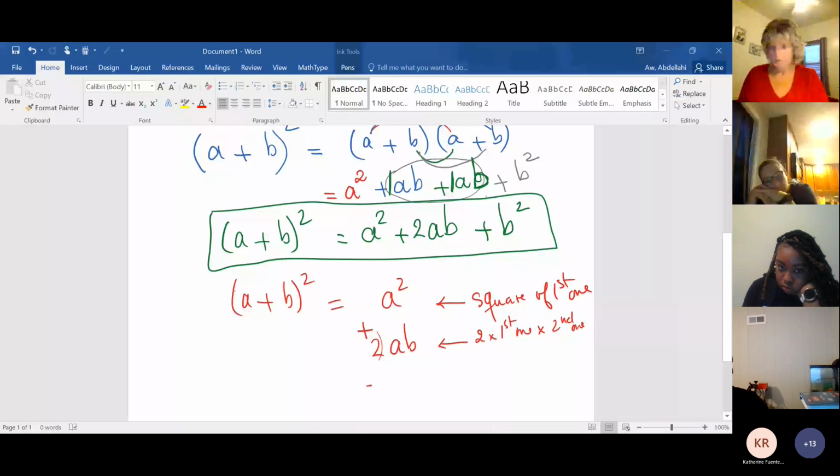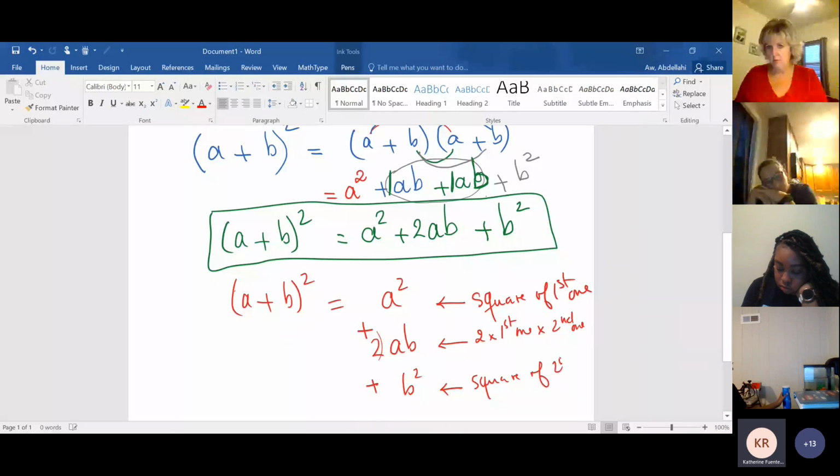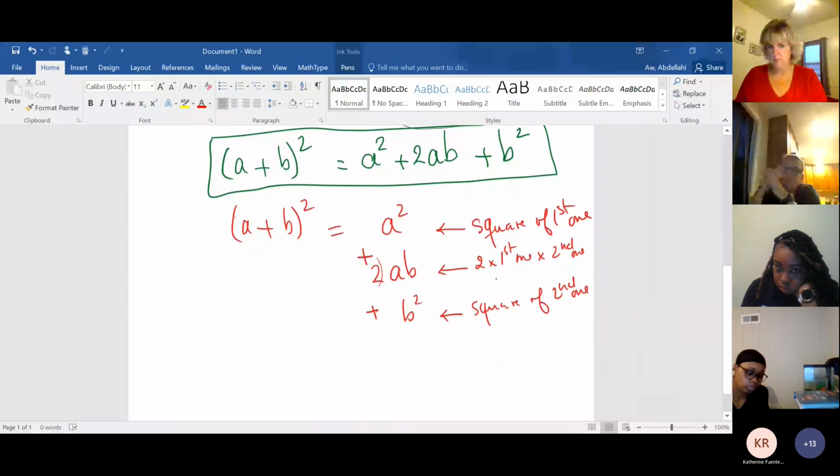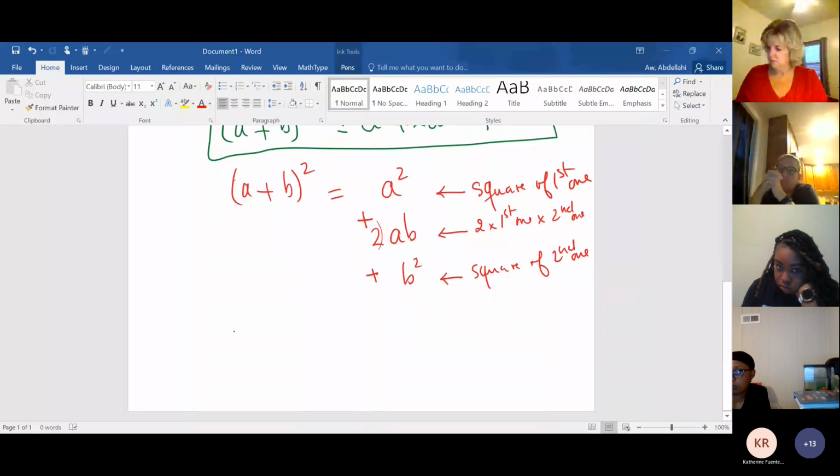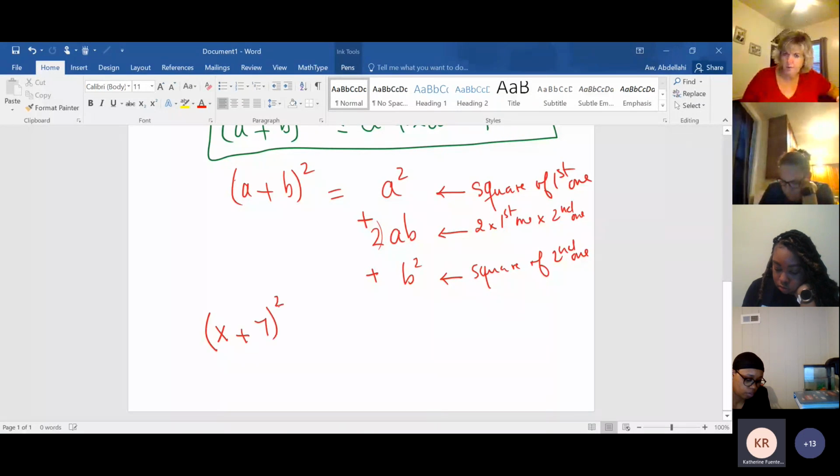Plus B squared, the square of the second one. This is a formula. Is it easy to remember? So if somebody asked me to do x plus 7 squared, right?